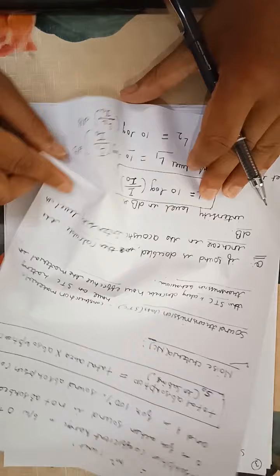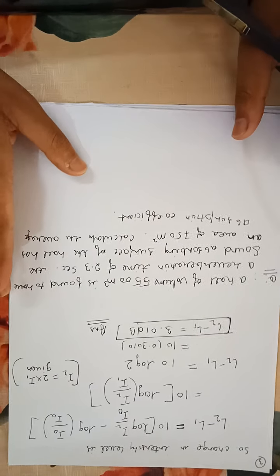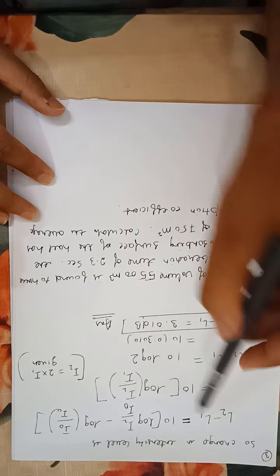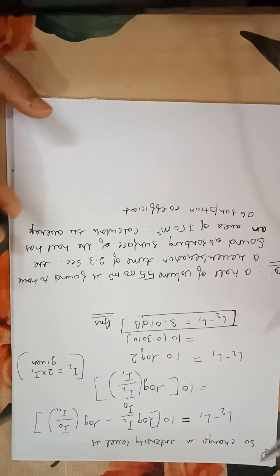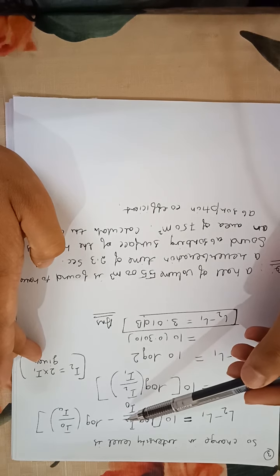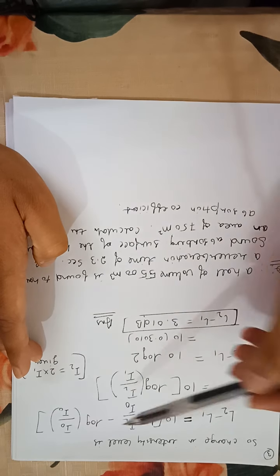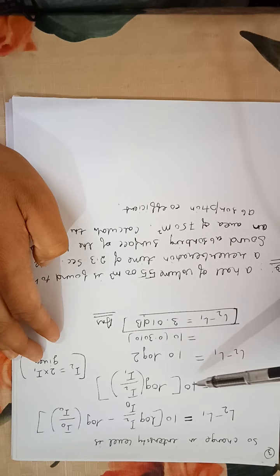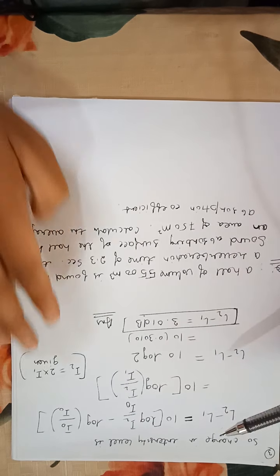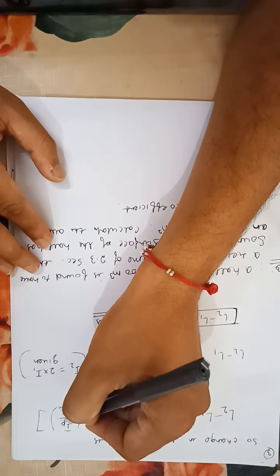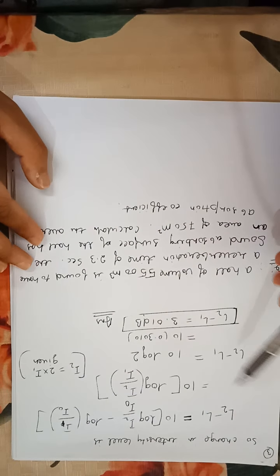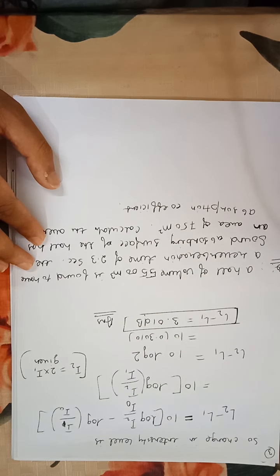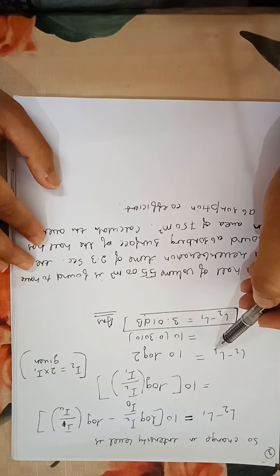Then the change in intensity level is equal to L2 minus L1. So 10 log (I2 over I naught) minus 10 log (I1 over I naught), which gives 10 log (I2 over I1). So here this is I1, my mistake. So L2 minus L1 is equal to 10 log (I2 over I1).